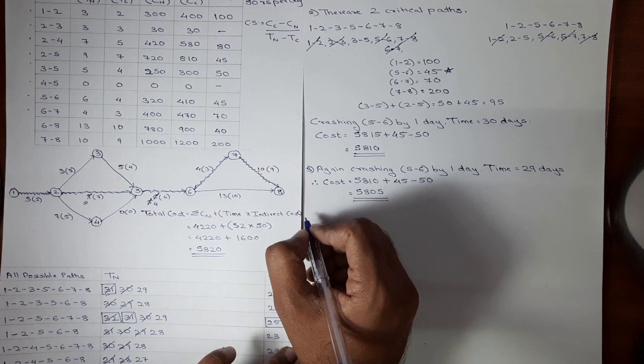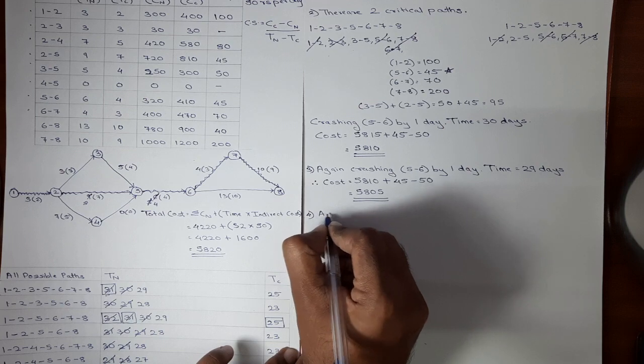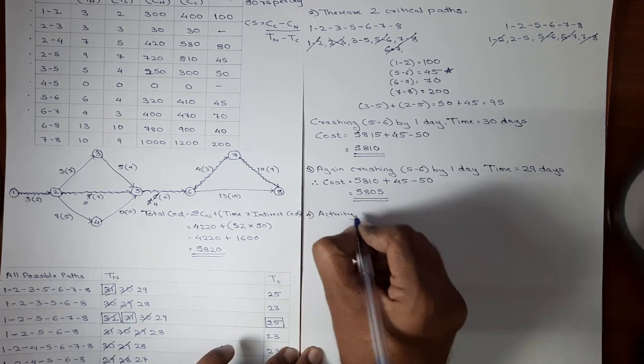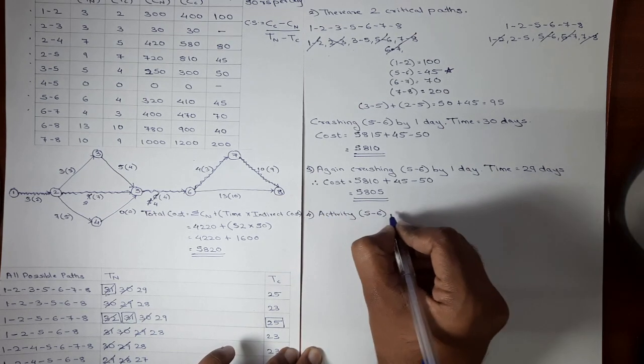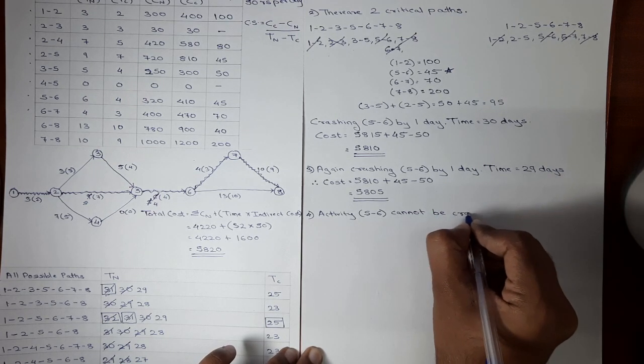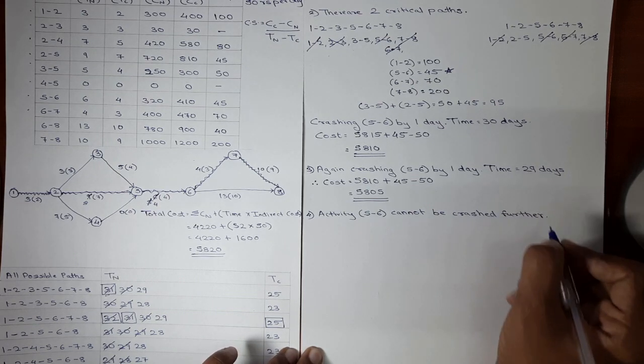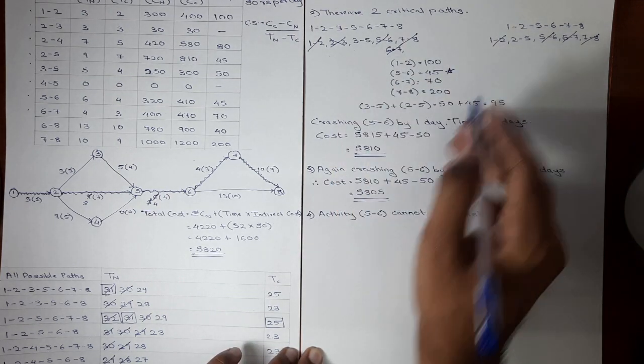I'll just mention activity 5, 6 cannot be crashed further. Again, we have the same critical paths.